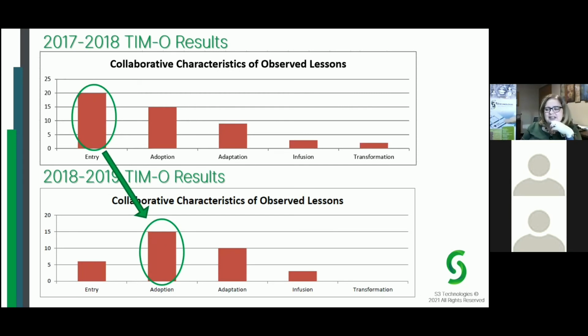With technology, I think it's natural that kids can collaborate and they can see how much better they can learn and what they can produce as a group rather than just as an individual. So just being able to help the teachers embrace that, help them see how to actually implement that. So we see that moving towards adoption and also adaptation.